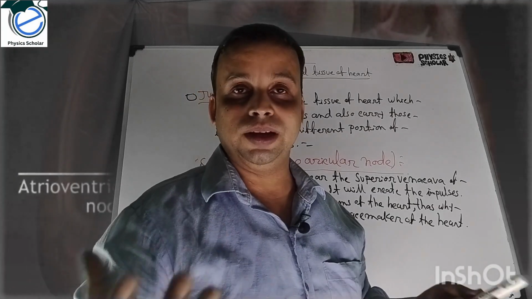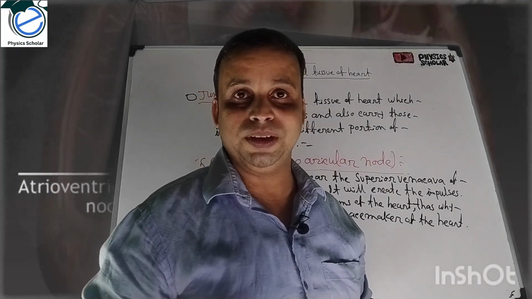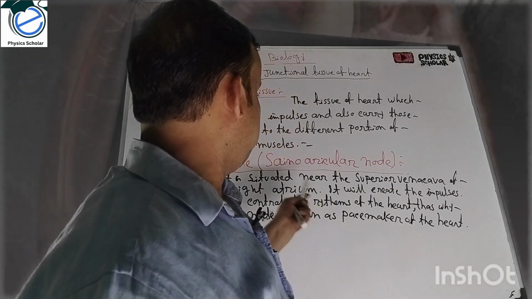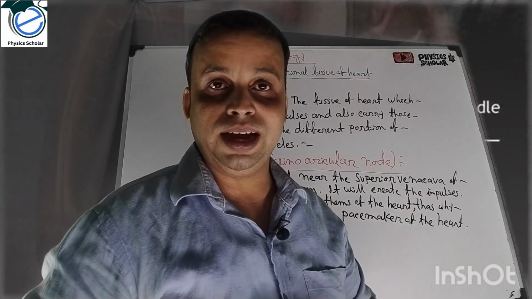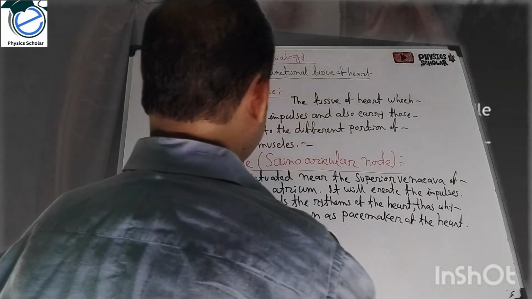It creates the impulses and controls the total rhythm of the heart, meaning when it will contract and when it will expand. You have heard about the term pacemaker; the SA node is the pacemaker of the heart.